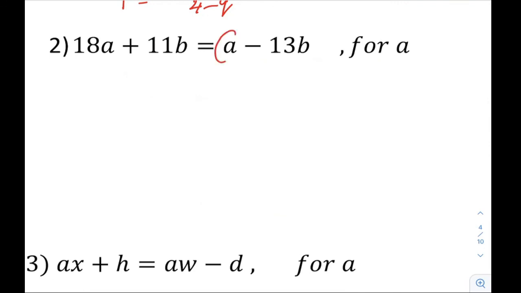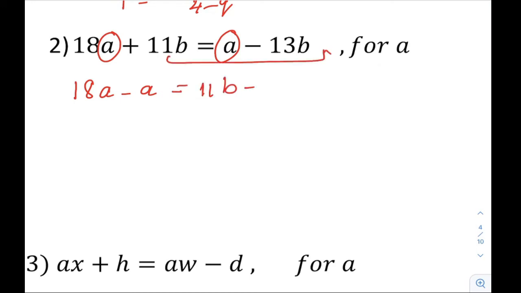Let's see this question. We need a, as you see, a here and there. We will combine them and take the b. Remember, this was plus 11, so it goes there minus 11.